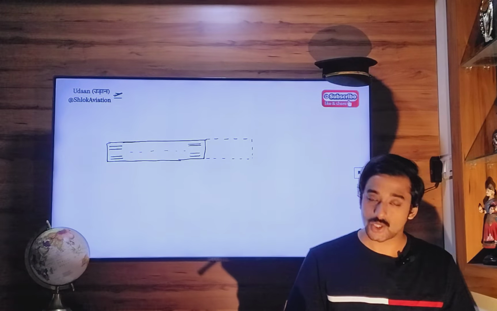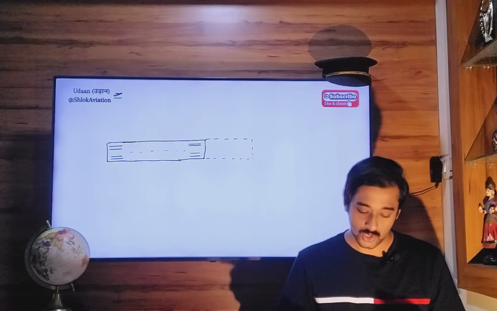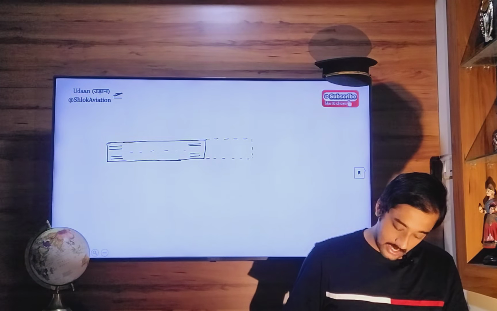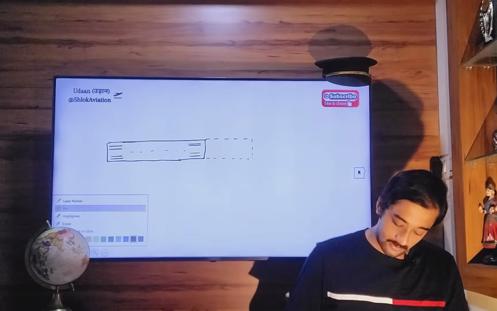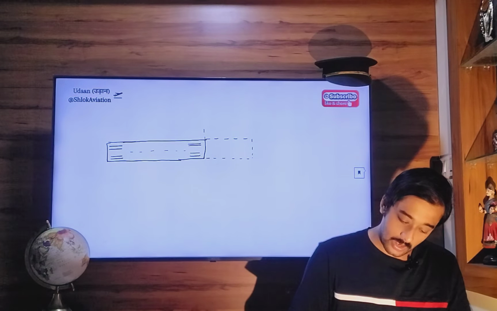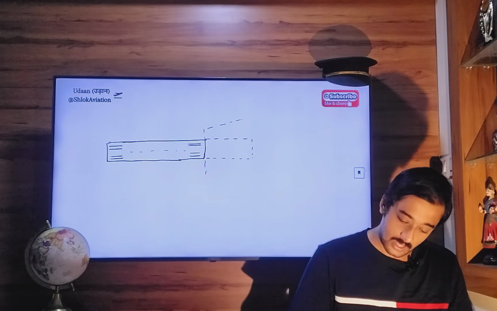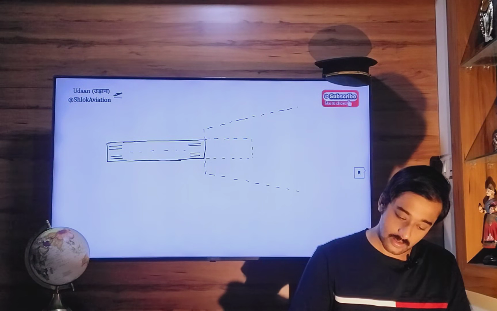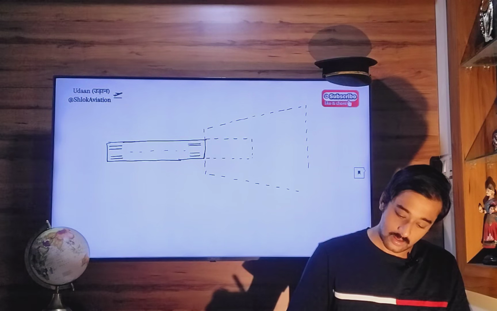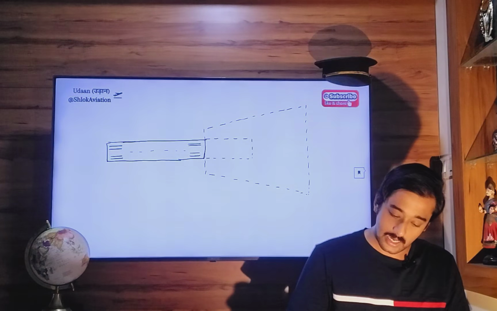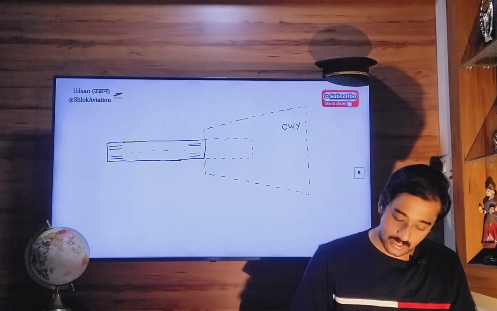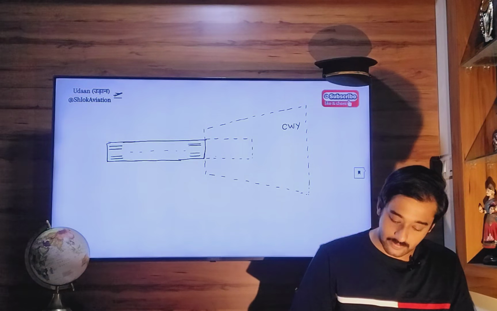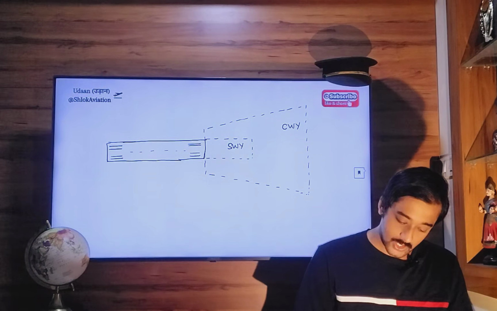And beyond this stopway or in congruence with the stopway, there will also be a clearway, like this. There will be a clearway and then there will be a stopway. This is your runway.